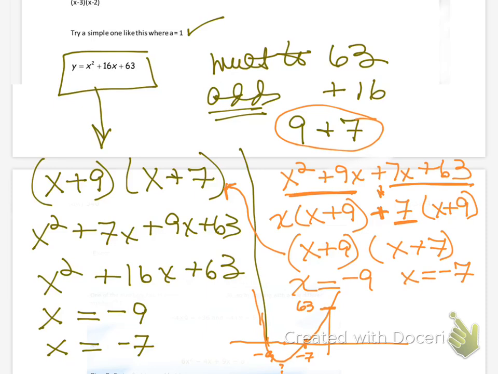Okay, let's go on to the next page, and I believe they're going to have us try another decomposition. And in this case, your leading coefficient will be a 2. Okay, so we're going to try factoring this quadratic by decomposition.